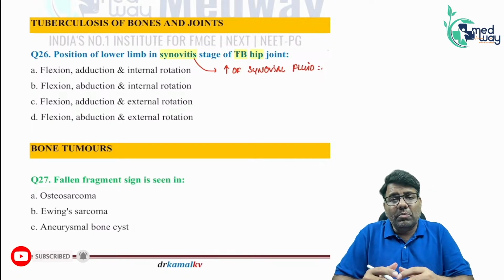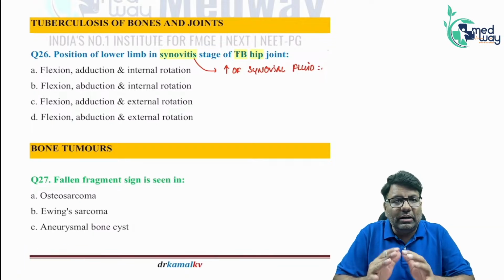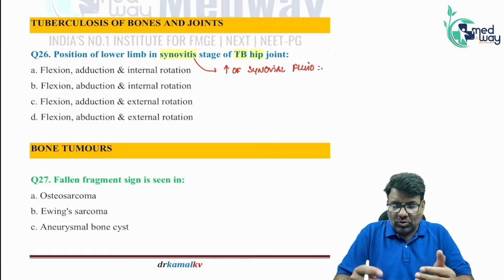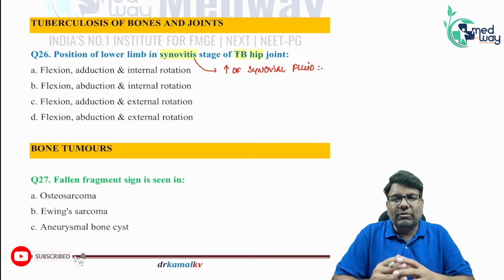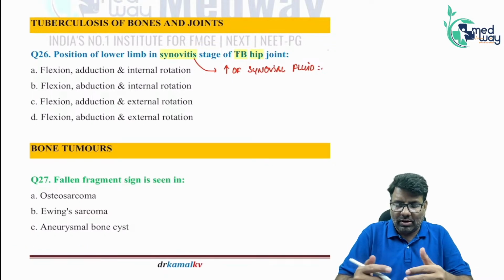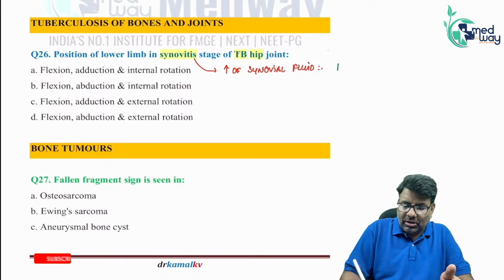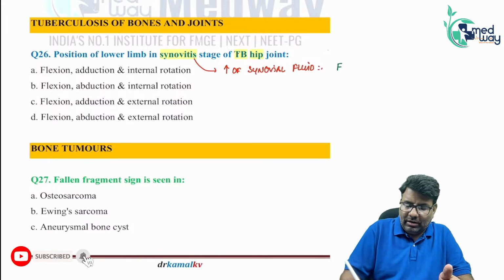When the synovial fluid production is increased, the joint is limited by a capsule. So the joint will try to assume a position in which it can accommodate the excessively produced synovial fluid. And that position of the hip joint is that of FABER.